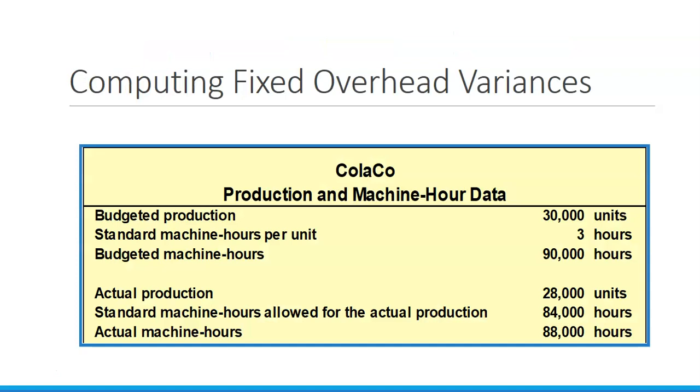So when we're looking at fixed overhead variances, we know that we have budgeted production. We're using machine hours, so we have our budgeted machine hours, then we have our actual production, the standard machine hours allowed for the actual production, and our actual machine hours.